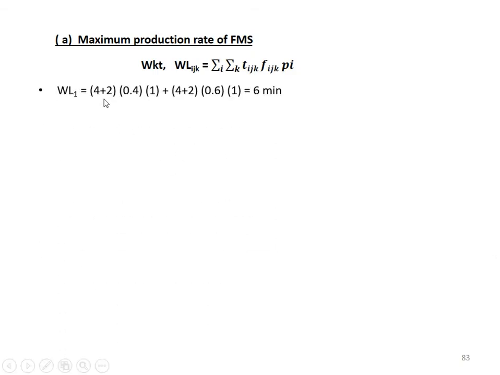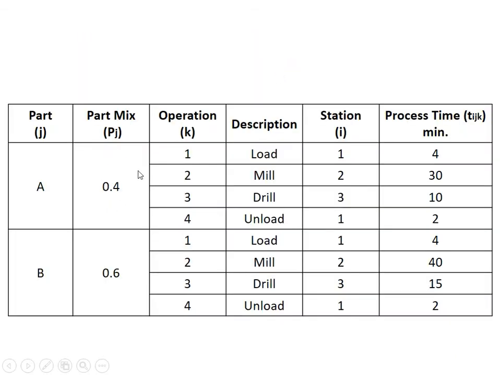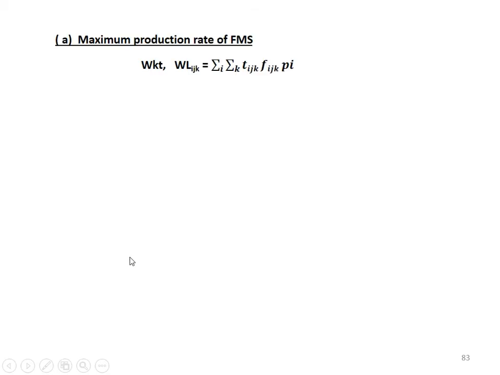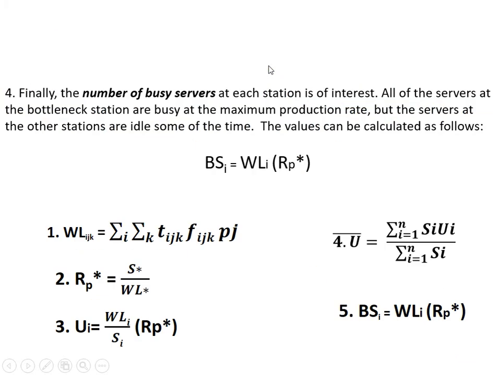So here 4 plus 2, and 0.4 is nothing but PJ, 0.4 for part A and 0.6 for part B. So that way this is 0.4 and 0.6, and 1 is nothing but the Fijk value, which is already given in the question.